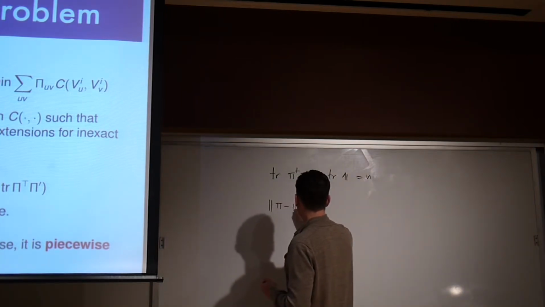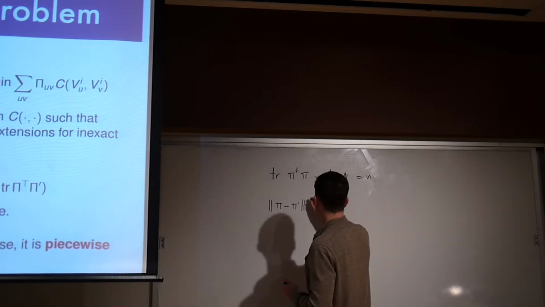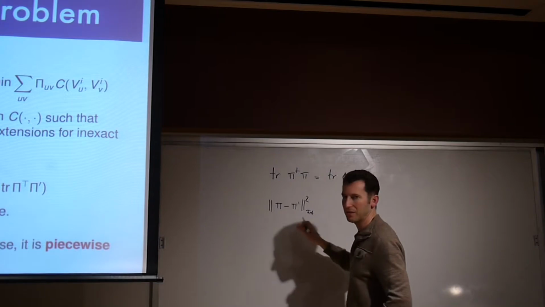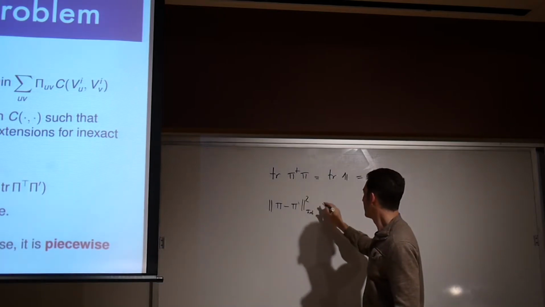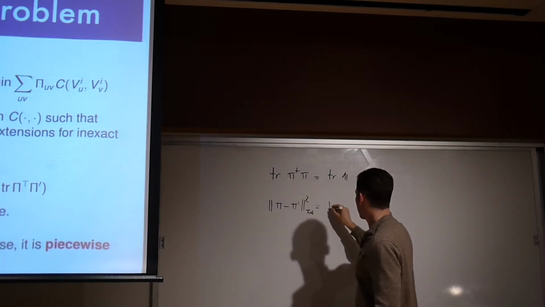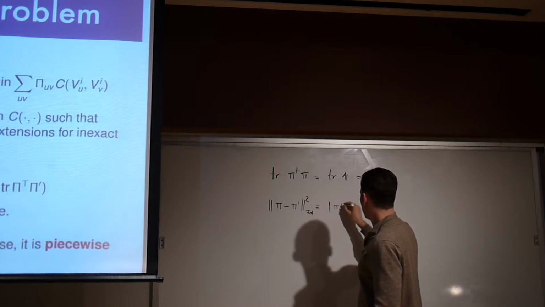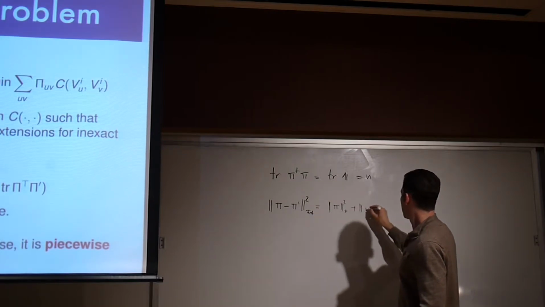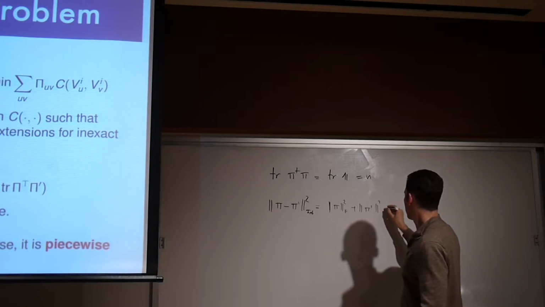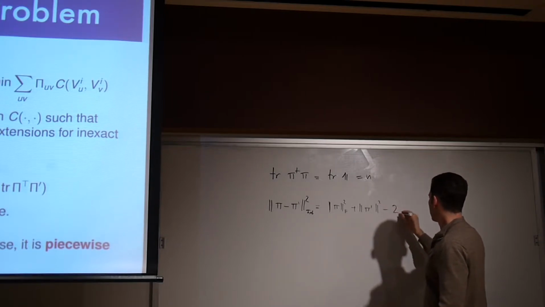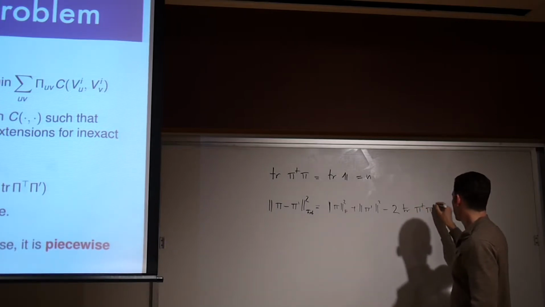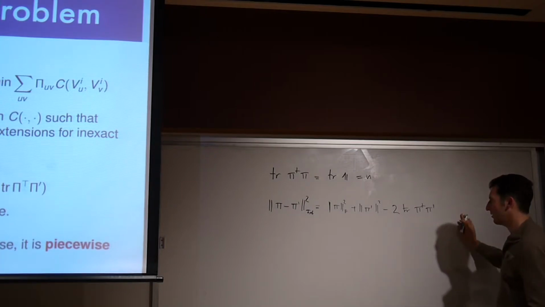Now, pi minus pi prime squared Frobenius norm, that's the sum of all the squared entries here, is just the trace of pi transpose pi plus the trace of pi prime transpose pi prime minus 2 times the trace of pi transpose pi prime, right?